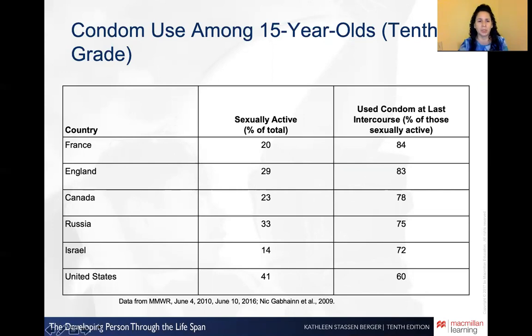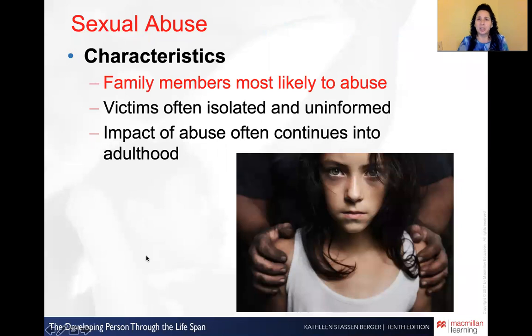We have some real work to do in education and in the values that we're placing around sex at young ages. We're talking about minors here. Sexual abuse. So sexual abuse typically is perpetrated or committed by those who are close to us. So it is likely that our family members are the abusers.